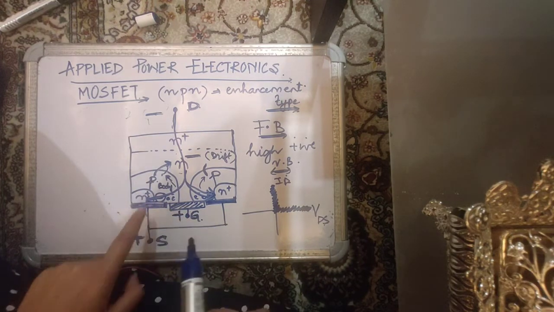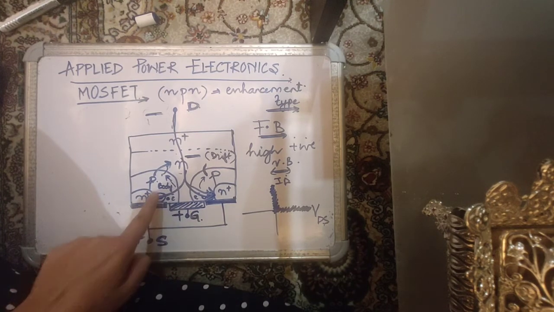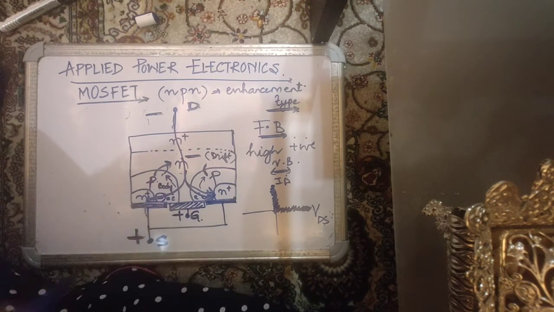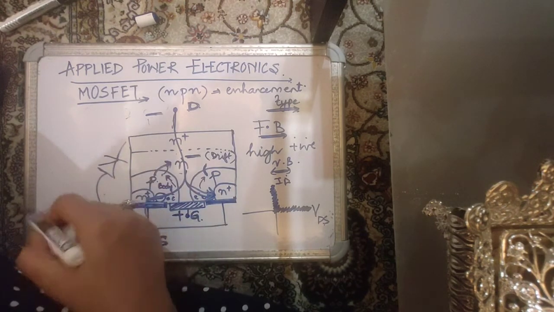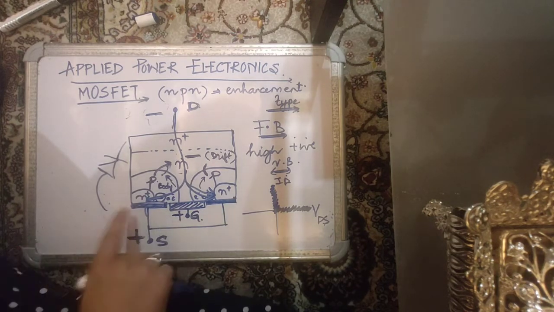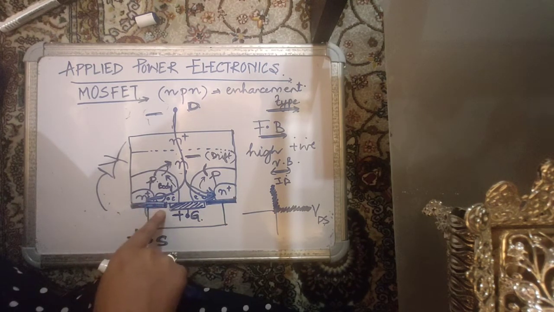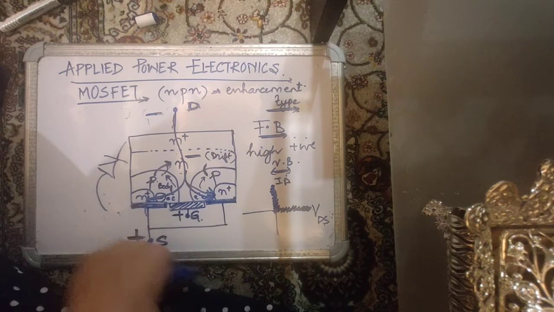So essentially, due to the source body short, this positive point is brought here, and you can see that this is nothing but the anti-parallel body diode of a MOSFET, which I had told you in that lecture. A MOSFET inherently, because of the source body short, has a diode in its reverse path.